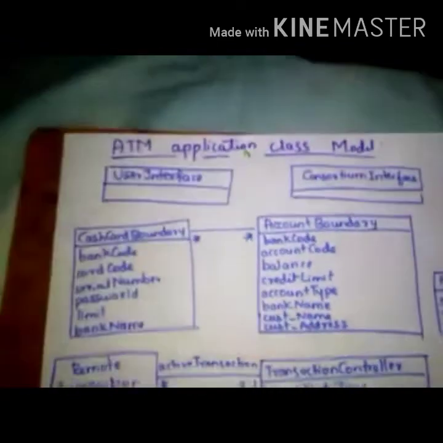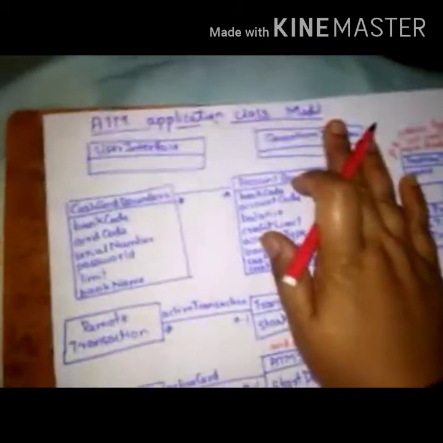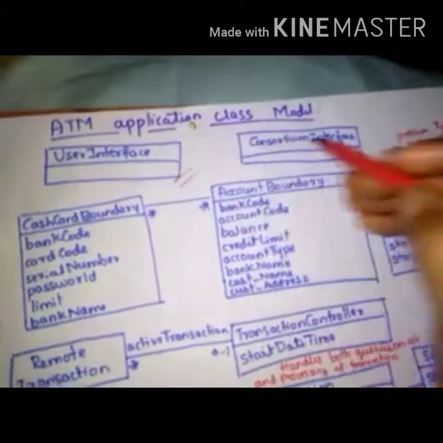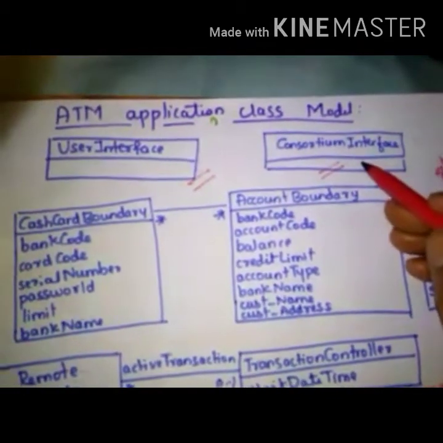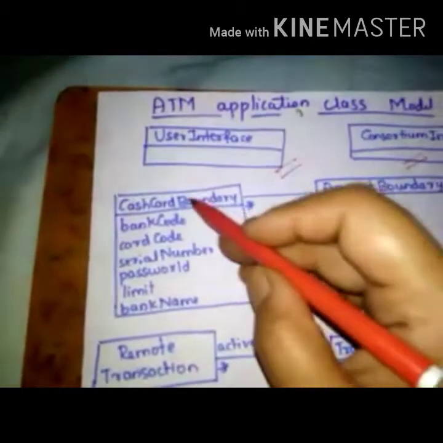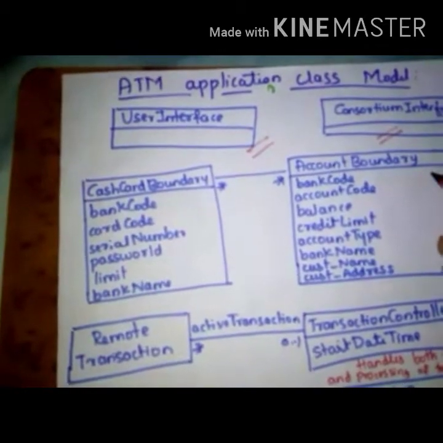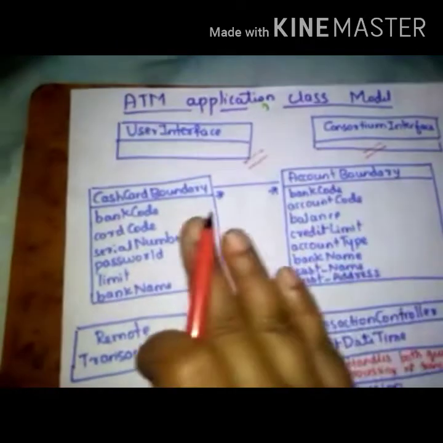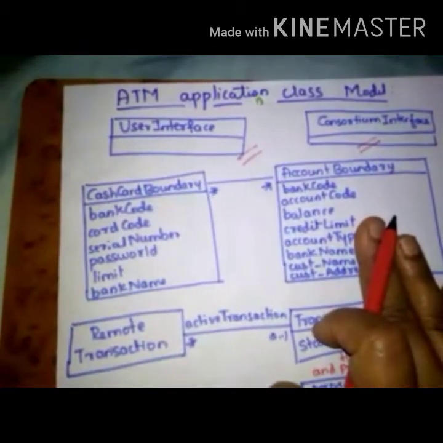Now here in the ATM application class we have two things. One is the user interface and the second one is the consortium interface. The boundary classes are the cash card boundary and the account boundary. Now an account can have n number of cards, so the association is many to many here.